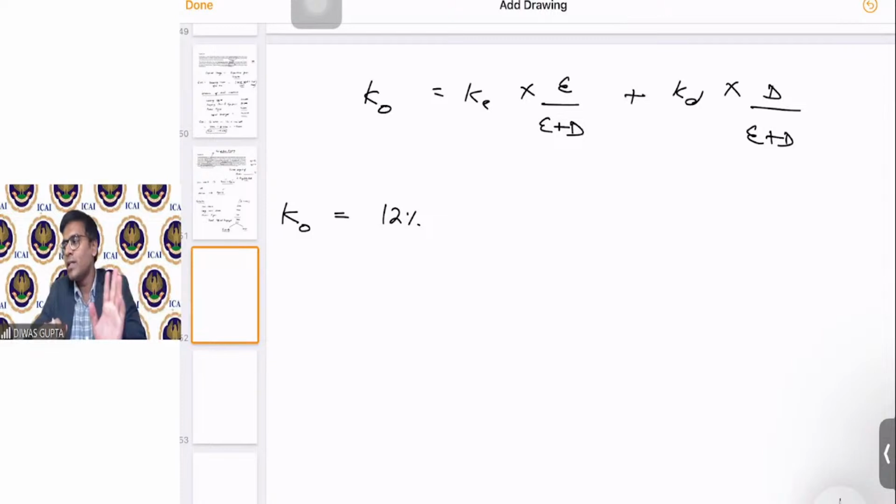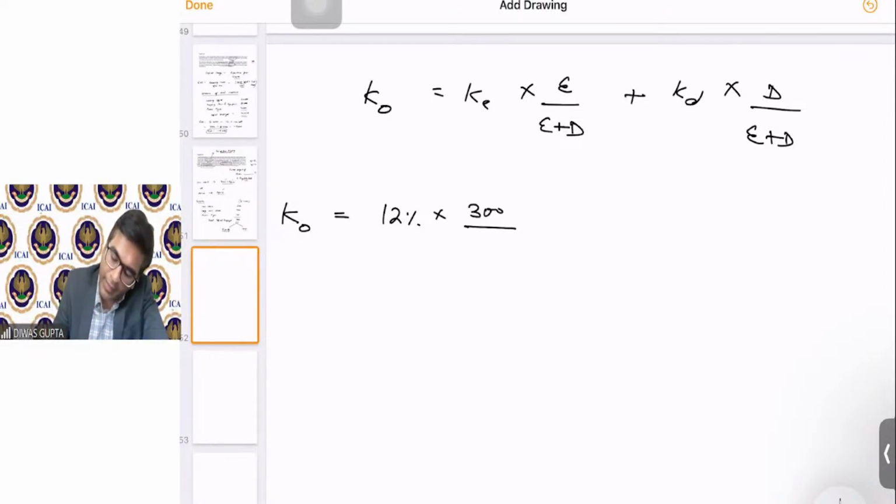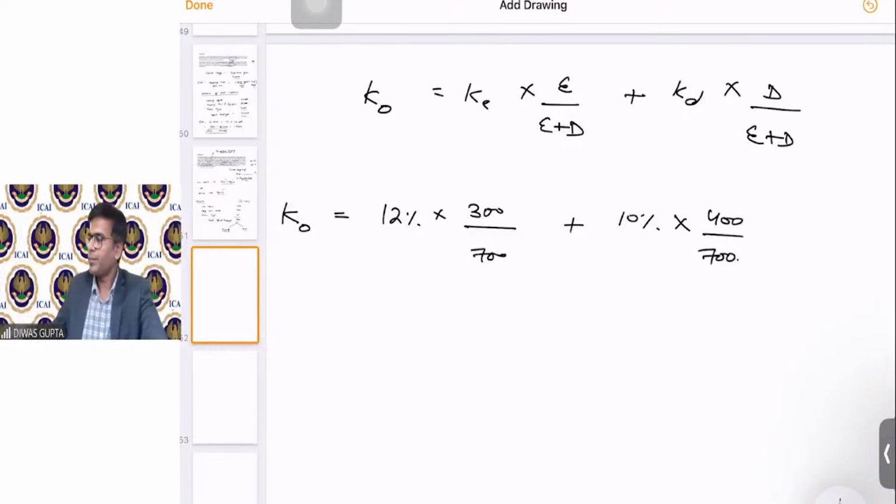So we can take it as 12% into 300 divided by 700, plus debt is 10% into 400 divided by 700, students. So this becomes 0.12 into 300 divided by 700, sorry, 0.12 into 3 divided by 7.